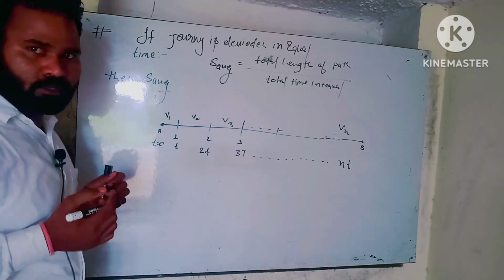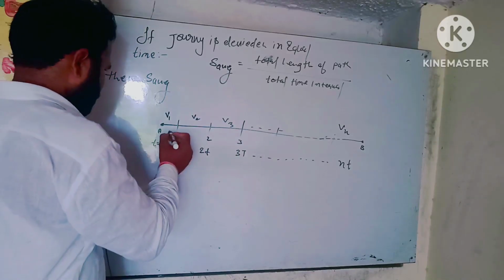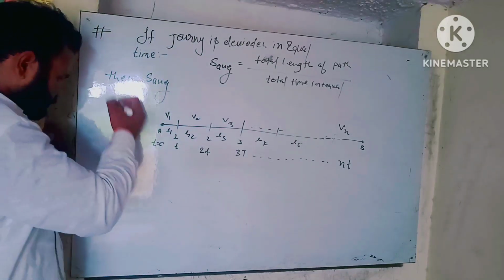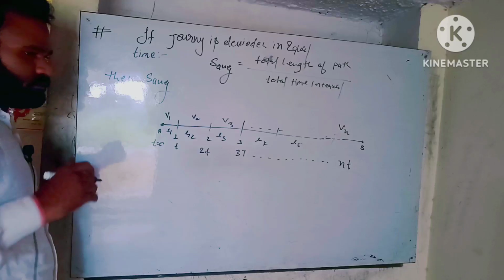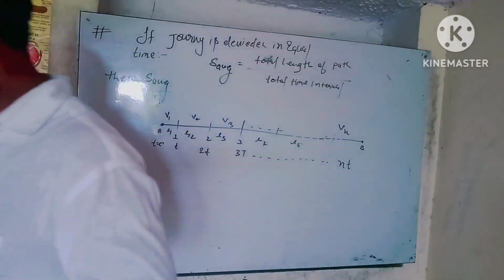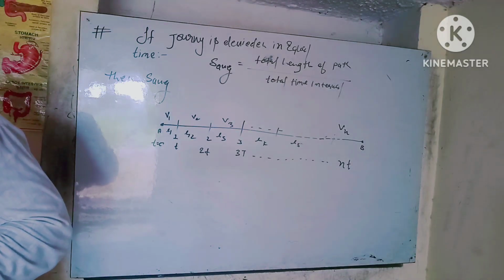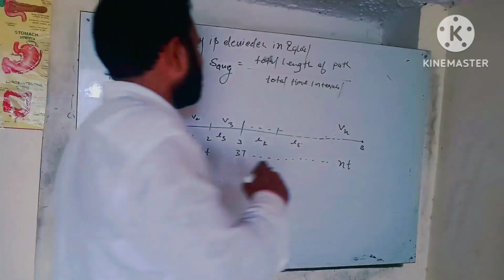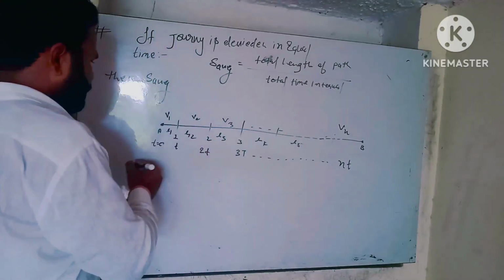Suppose the distances are L1, L2, L3, L4, L5, and each time interval is t.